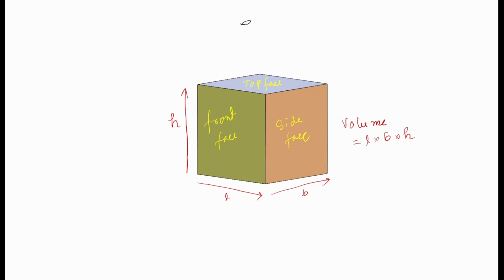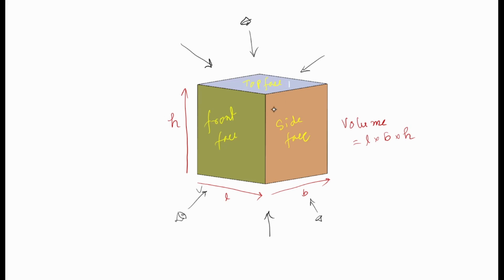If you look from the top, then this is the top view and that is why I am calling it the top face. And if you look from the front side, then this is the front view and that is why it is the front face. And if you look from the right side, then this is the right side face of the cube. Similarly, there is a left side face, there is a bottom face, and there is one more face that is behind the front face, and in total there are 6 faces.